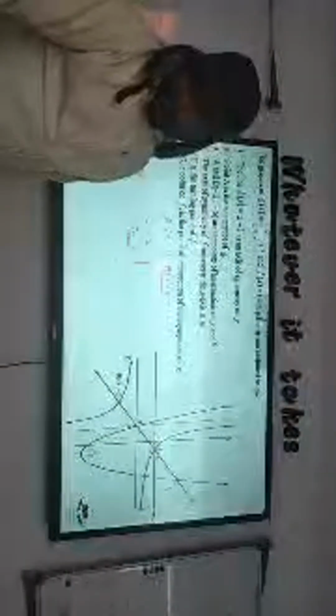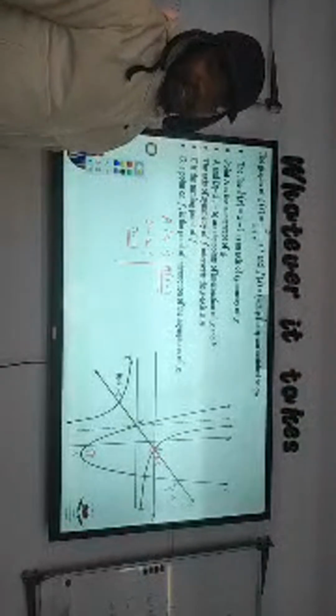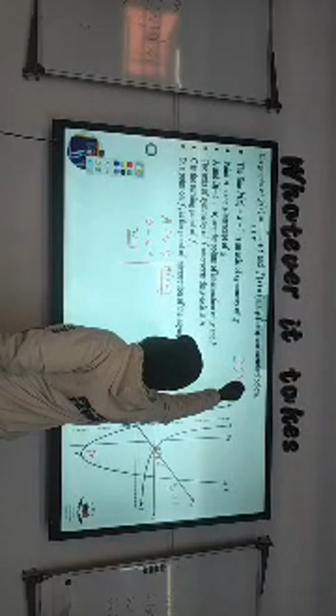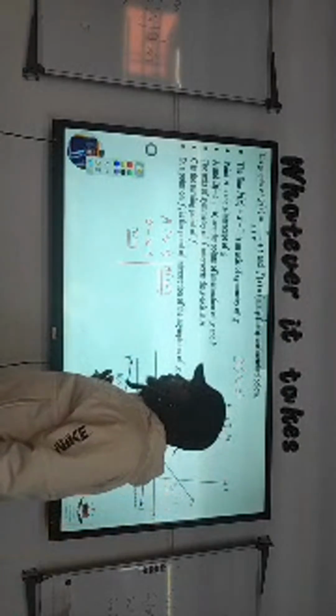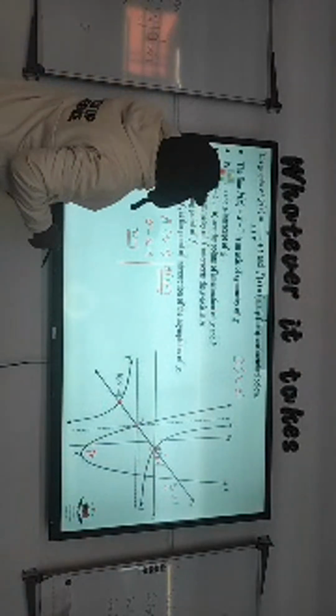And then, show that the coordinates of D is given as negative 2 and negative 3. The first thing when you see a question like this, you must go and check what's happening at D. Why are they so interested in D?